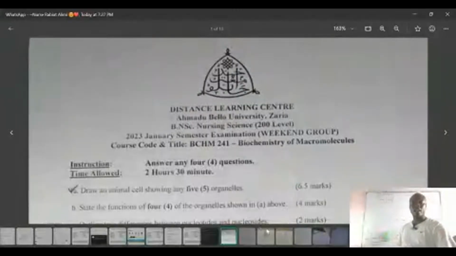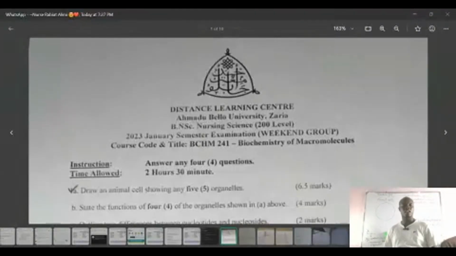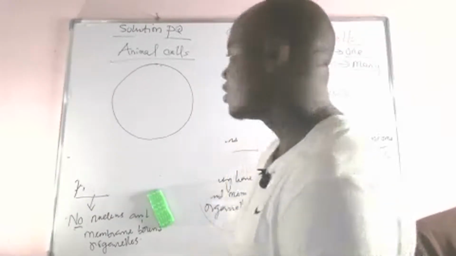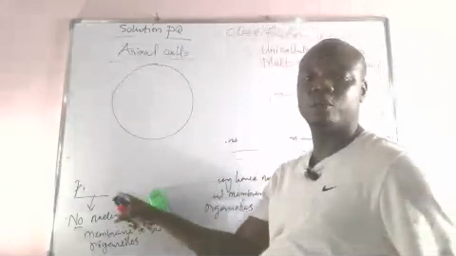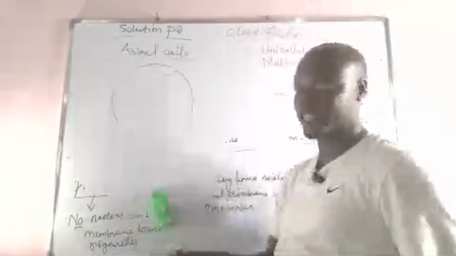Look at the question very well, please. The question says draw an animal cell showing any 5 organelles. So first you need to draw the spherical shape or the circle like this.